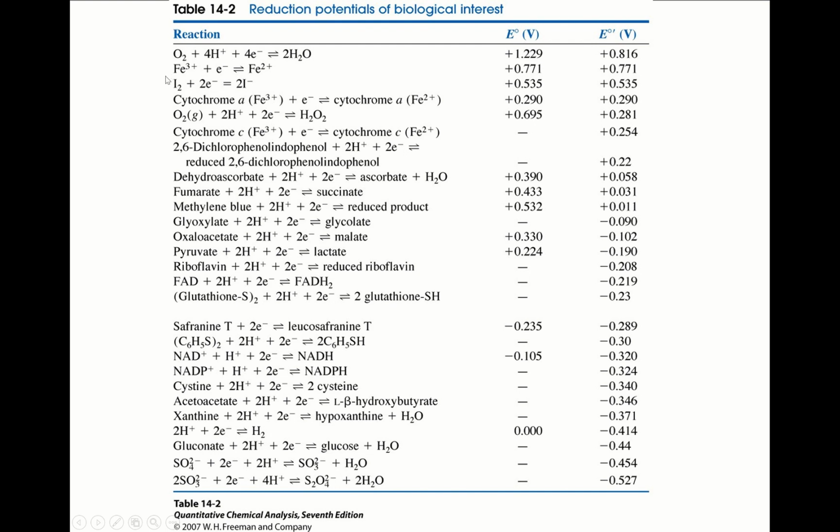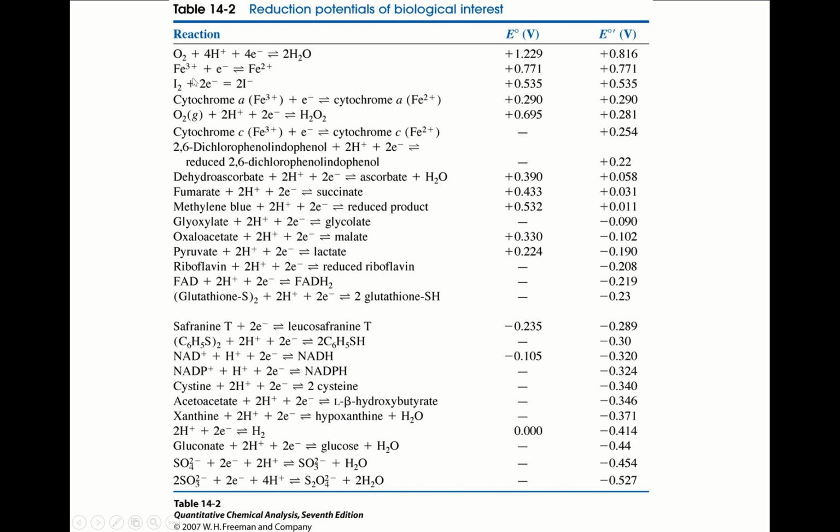But since this reaction involves protons, the standard reduction potential changes at different pH. At pH 7, the E0 value changes from 1.229 volt to 0.81 volt. You'll see how to calculate this new value.